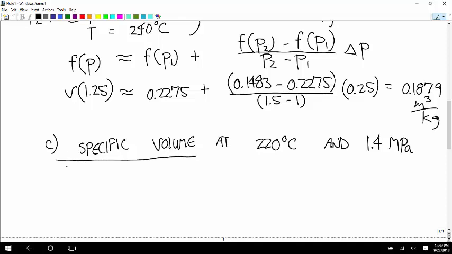Okay, so this one, we're going to have to interpolate on the temperature and interpolate on the pressure. 220 isn't in our table, and 1.4 isn't in our table.